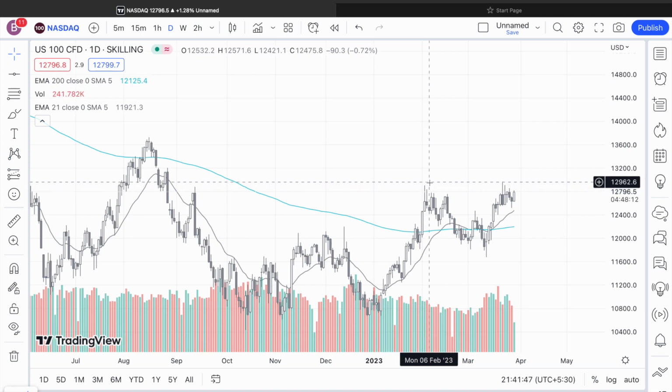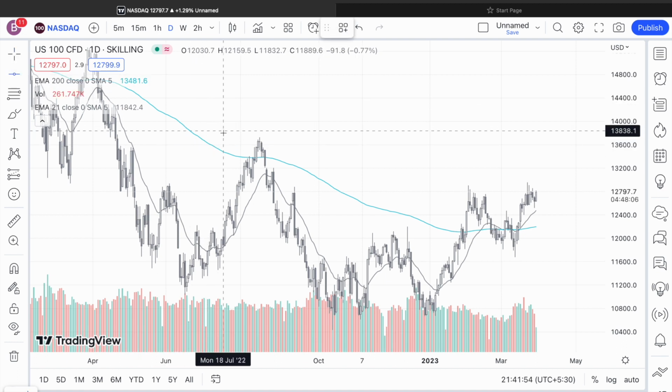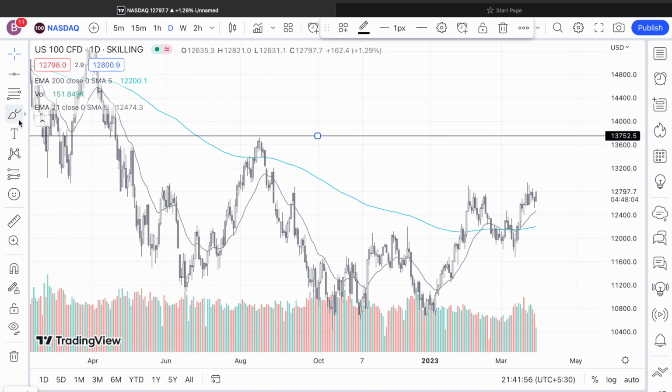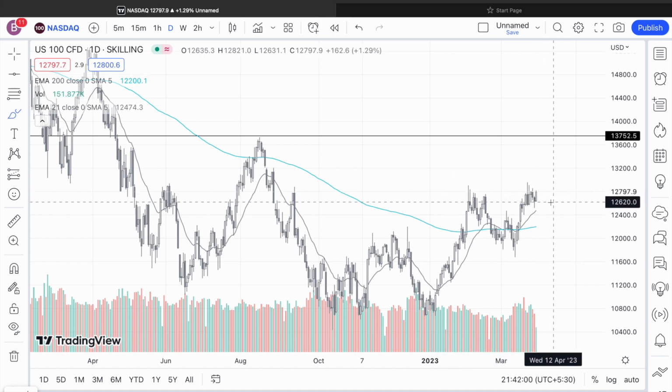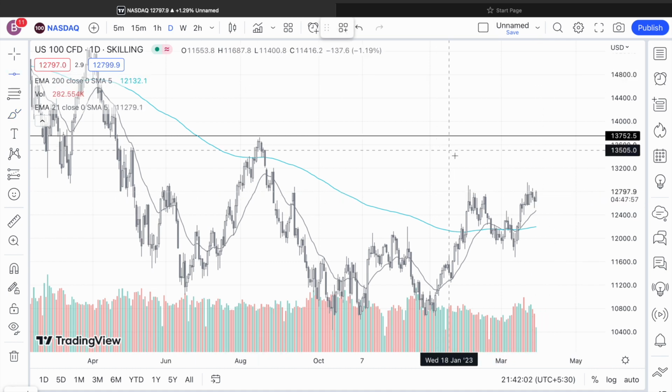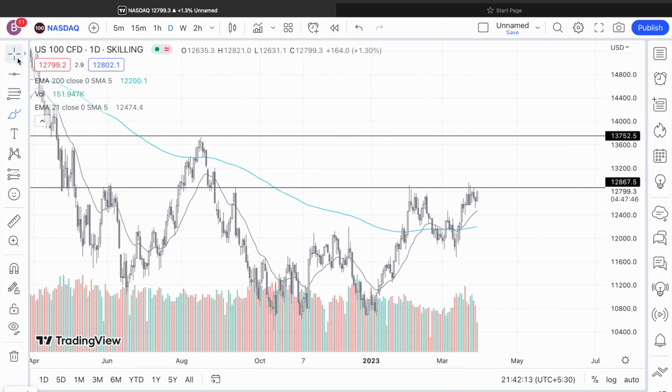If the price breaks 12,900 and sustains above it, then the next positional target could be around 13,600, right? Of course it's a long journey from there. What I'm talking about is the breakout of this area, and the reclaim of 13,700. Yes, it is a long story, of course, but based on the higher time frame price action, this is pretty much possible, right?